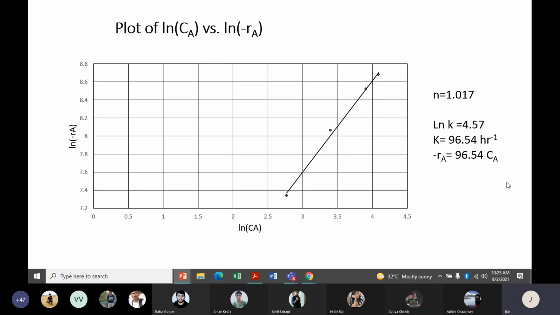No, this is log k, so the rate constant is 96.54 hour inverse. And this is not capital K, more small k. Reaction rate constant you can always express in terms of small letter. So what is the rate expression? Minus RA equals 96.54 CA. As the data is given in terms of millimole, the concentration is millimole per liter.